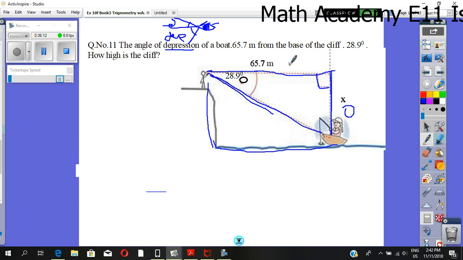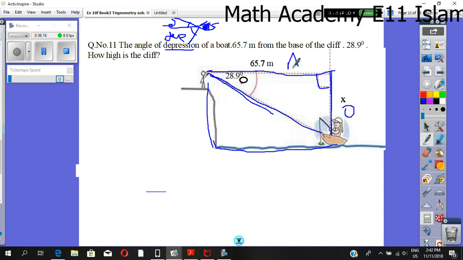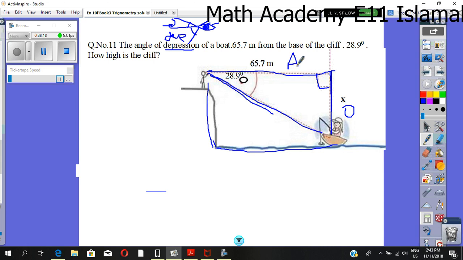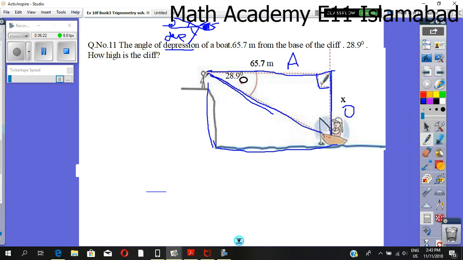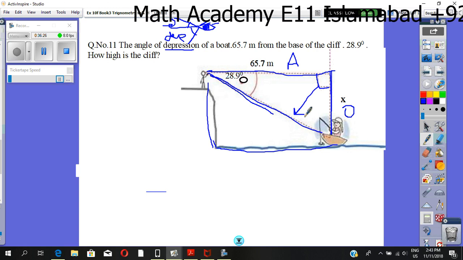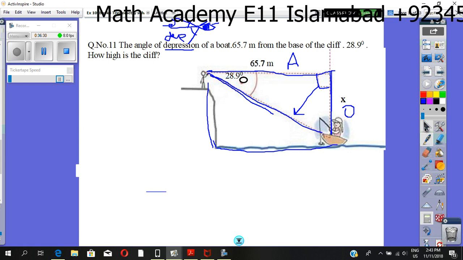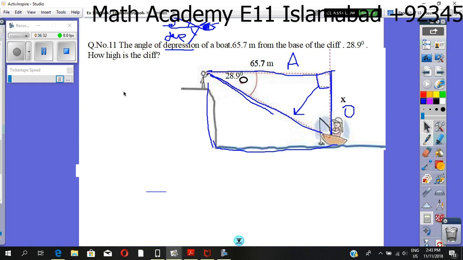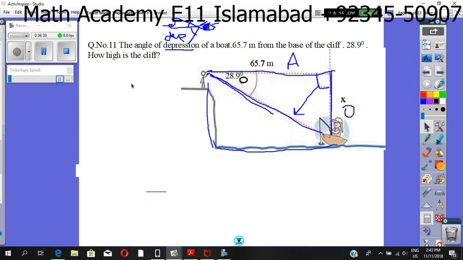This side is adjacent, because there are two angles here, 28.9 and 90 degrees, and this is the hypotenuse. We need two sides, opposite and adjacent. If you remember your ratios, that is basically what we use here.